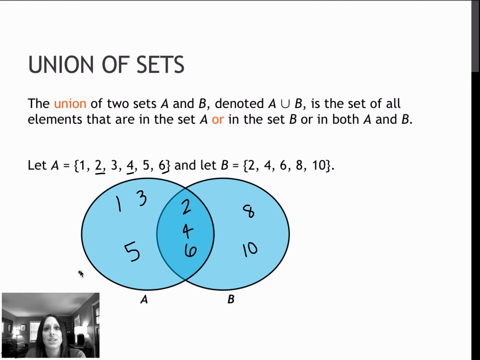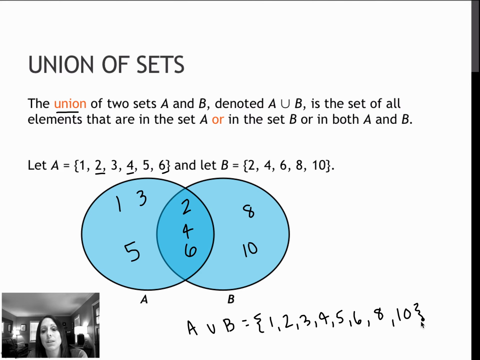However, the union of sets is all of the stuff in A plus all of the stuff in B, and make sure you don't count that 2, 4, 6 two times. So if I were finding the union of two sets, which is basically adding the two sets together, A union B would be equal to 1, 2, 3, 4, 5, and 6, and also 8 and 10.